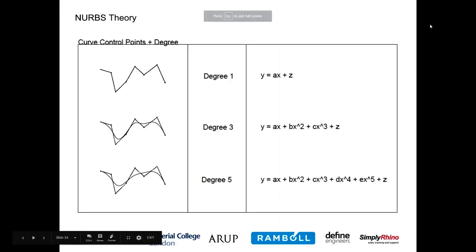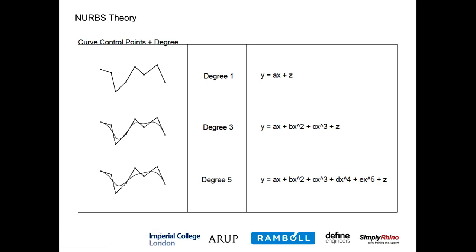So as Laura showed you last week, different curves in Rhino look different, but they are all essentially defined in the same way. So curves in Rhino have two important qualities.